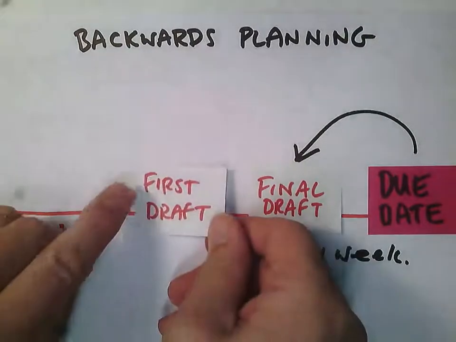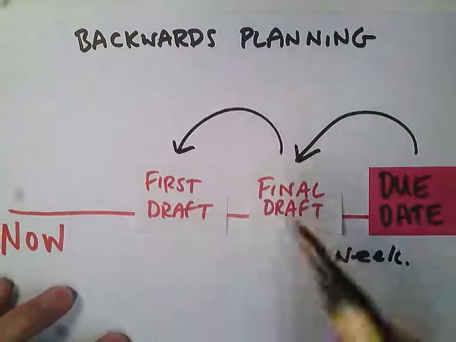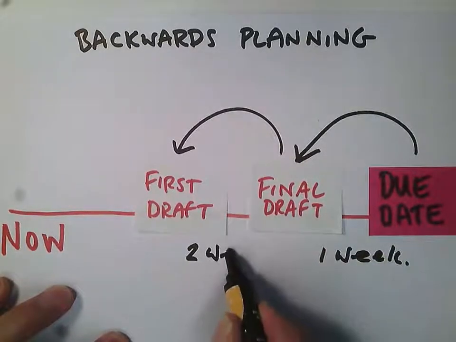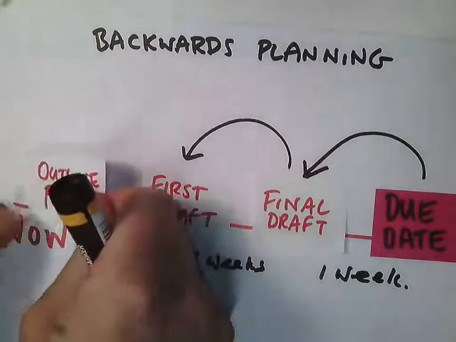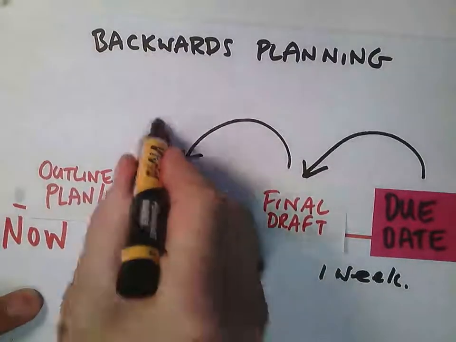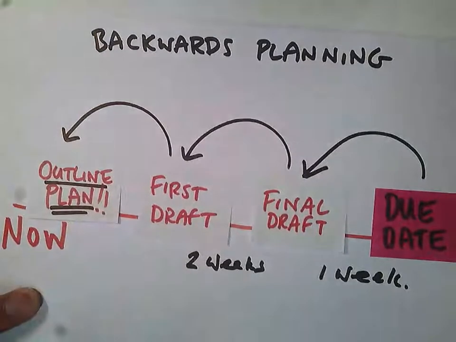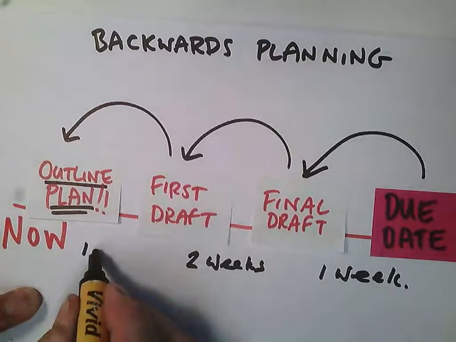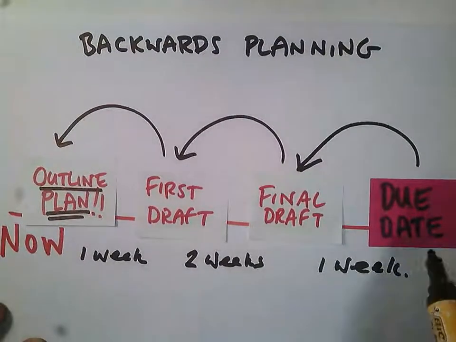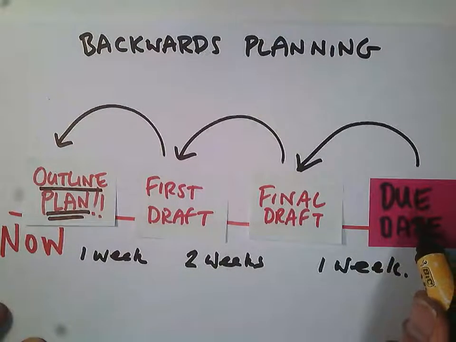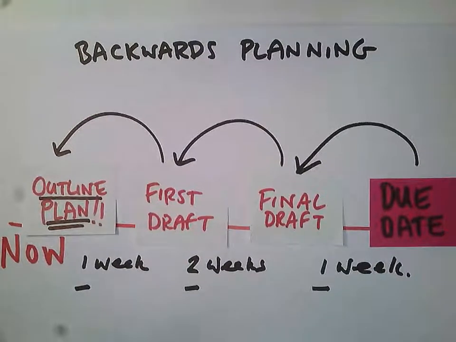A little bit before then, you want to get your first draft sorted out. This might be 2 weeks. And prior to that, you want to sort out your outline for your assignment and make a plan, and you think that might take 1 week. So you then know that prior to the due date, you need 4 weeks.